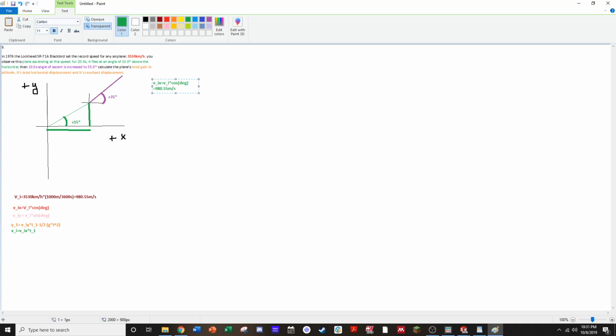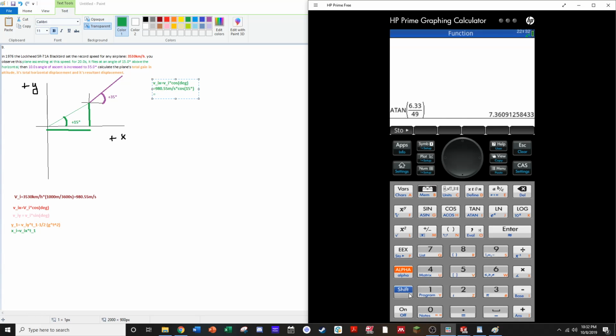Make sure you remember your units, times the cosine of the angle, which is the 15 degrees, equals, and we're going to plug that into our calculator over here. I'm going to erase that from our last problem. So 980.55 times the cosine of 15.